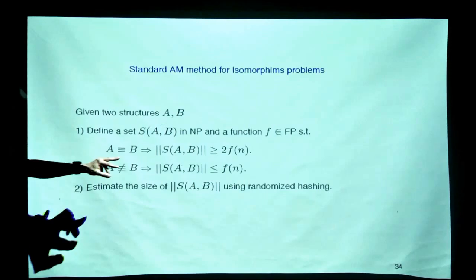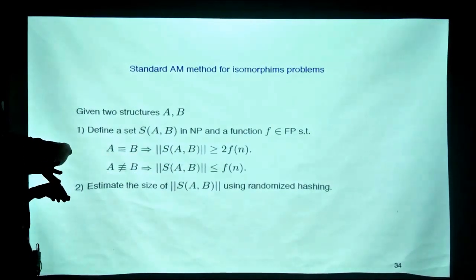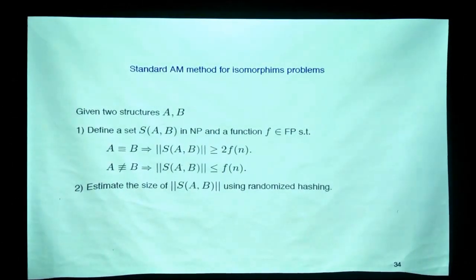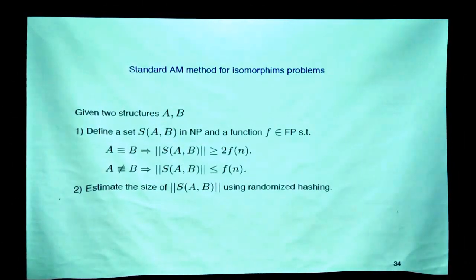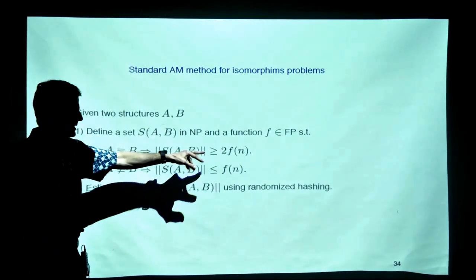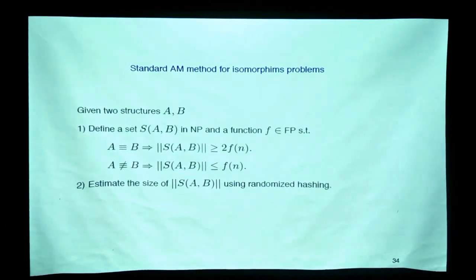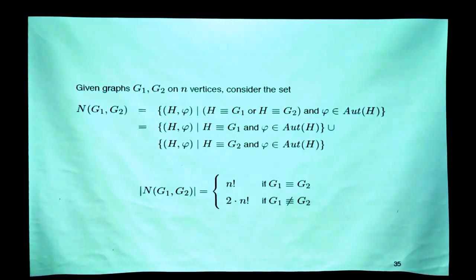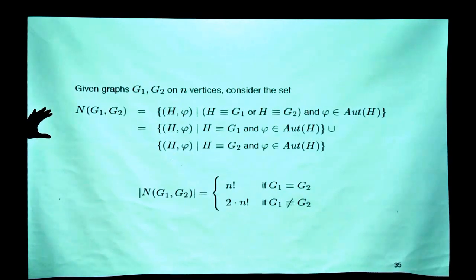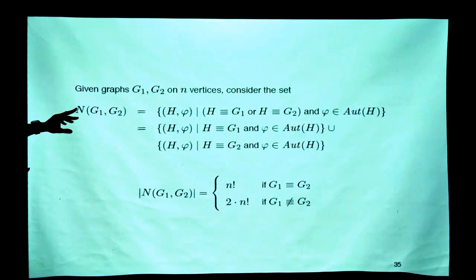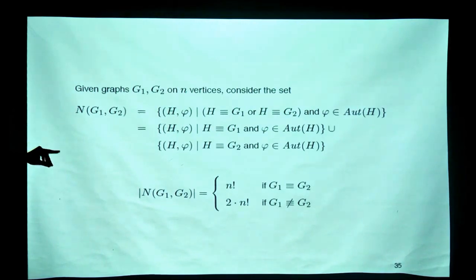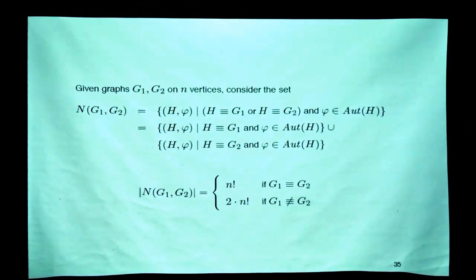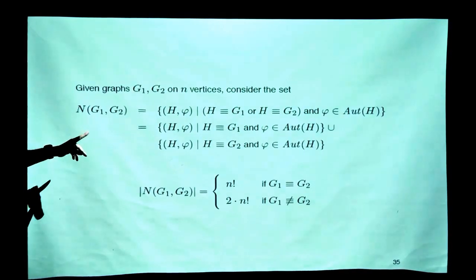Then if you have this set in NP, it's either of size s or twice the size, and by using randomized hashing, you can in fact decide which of the cases you have. And this is the way to prove this. For the isomorphism problem, this set that has either a certain cardinality or twice the cardinality is exactly this one.